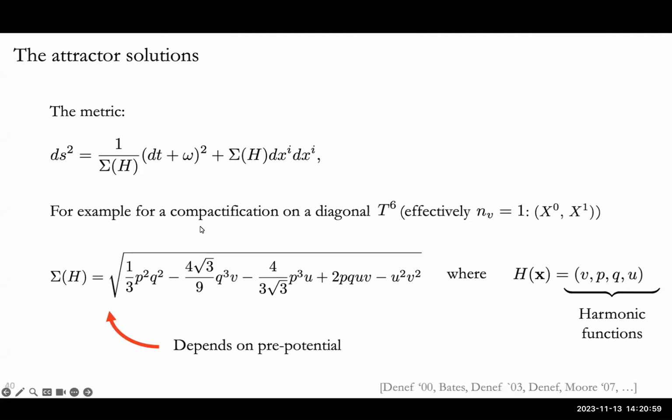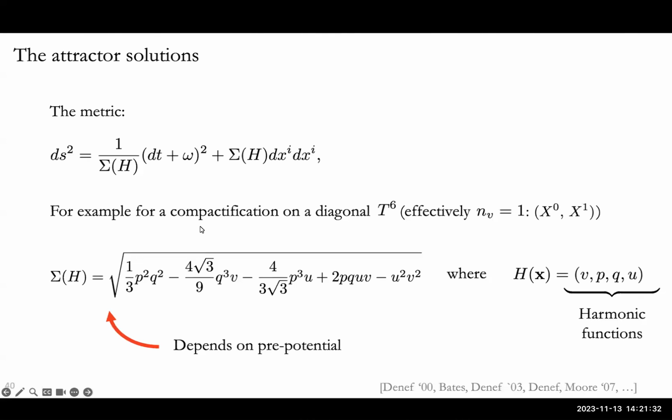And it turns out, let's first look at them in Lorentzian signature. It turns out that the metric has a very similar form to the metrics that we were studying earlier. Namely, they take this form where this function called the entropy function sigma of h is specified in terms of a vector of harmonic functions h, and has this complicated dependence that depends exactly on the prepotential of the theory that we're studying.